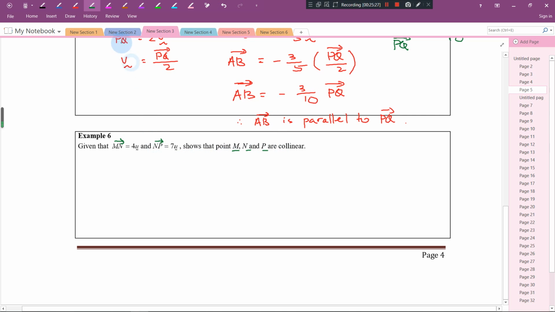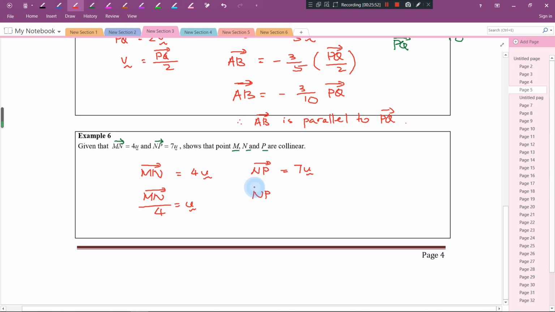Okay, let me do it this way. MN is equal to 4U. Let me copy first. NP is equal to 7U. How about I do it this way? MN over 4 is equal to U, right? So now I'm going to move this whole thing U over here.